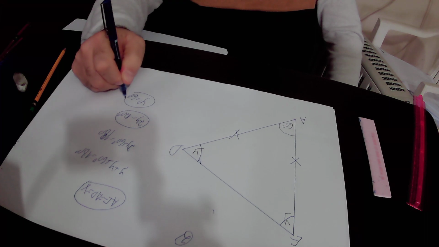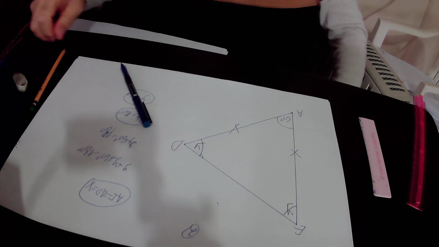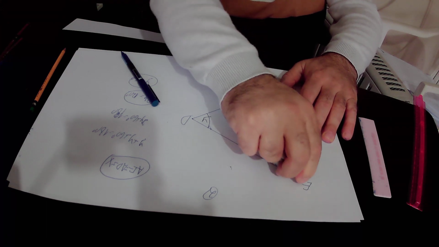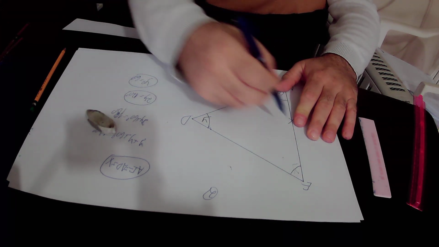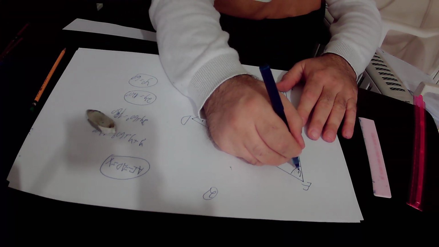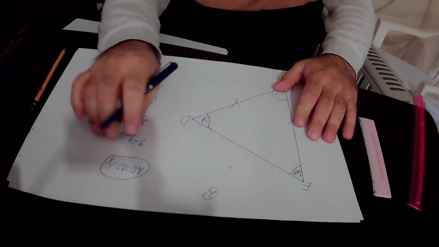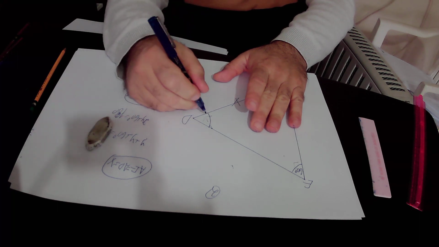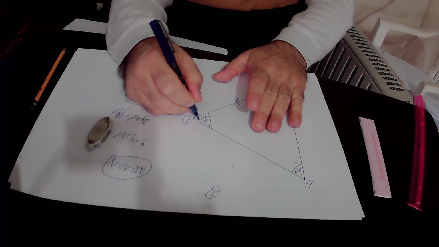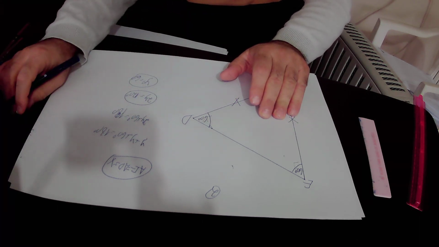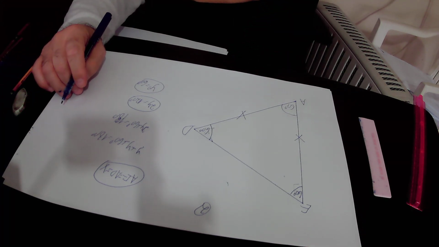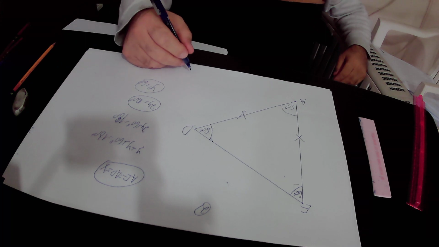We found out that angle y equals 60 degrees, so we will substitute angle y by 60 degrees. This angle equals 60 degrees, and this angle also equals 60 degrees. So we actually found out that triangle AED is an equilateral triangle.